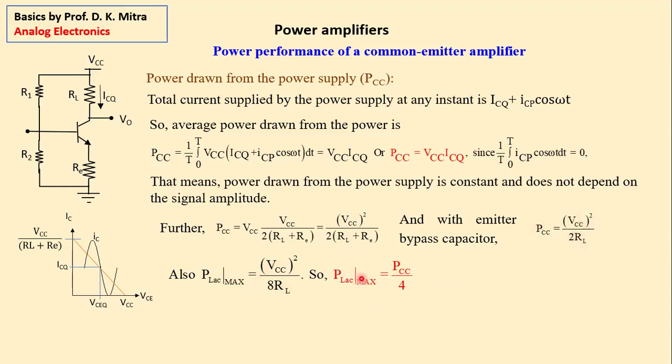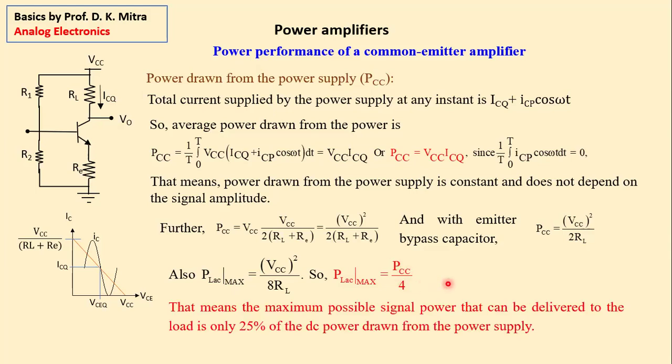And PCC is VCC square by 2 RL. So what do we find? Maximum AC power deliverable to the load is battery power consumed PCC by 4, right? That is a very, very poor situation. That means the maximum possible signal power that can be delivered to the load is only 25% of the DC power drawn from the power supply.